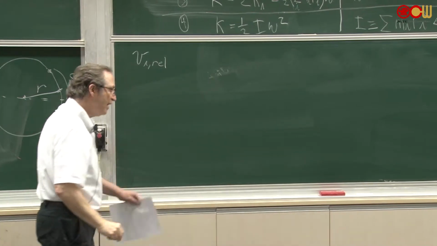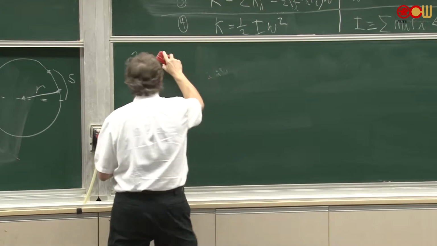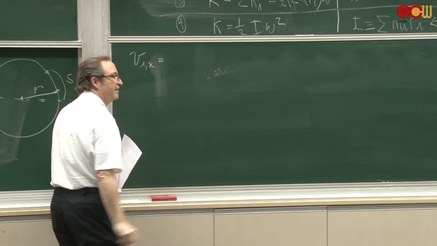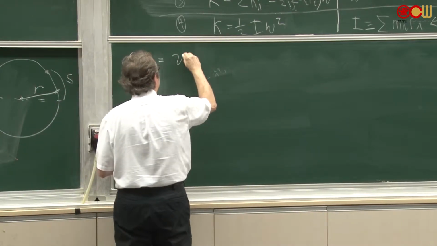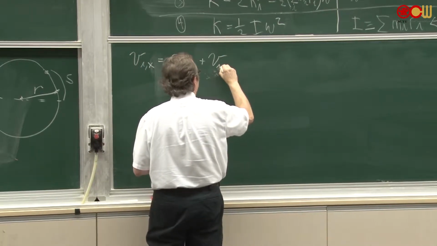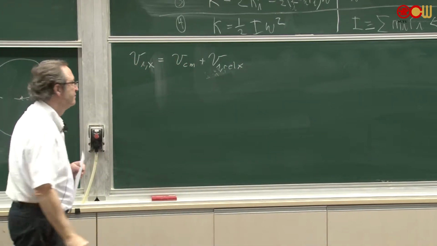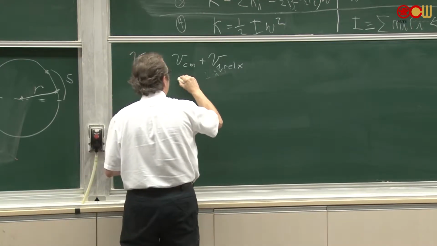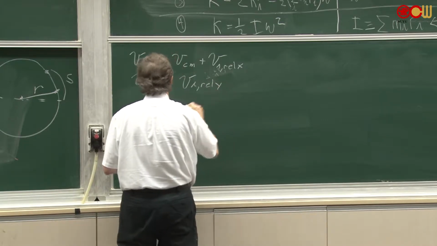The relative velocity of the ith particle in the x direction, x is this way, is the velocity of the center mass plus the relative velocity in the x direction. And the velocity in the y direction is just the relative velocity in the y direction.